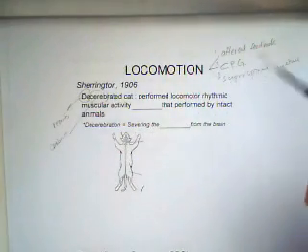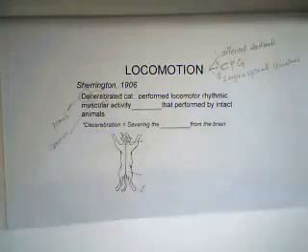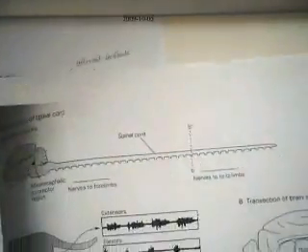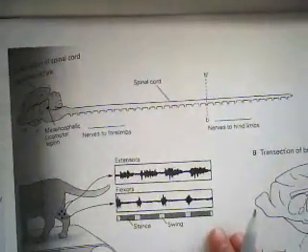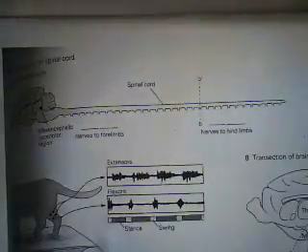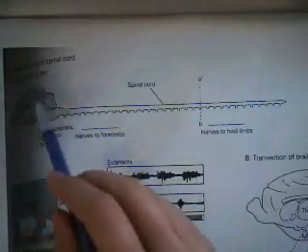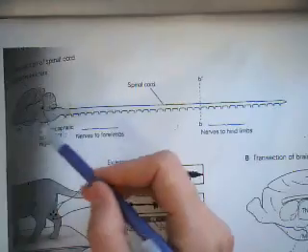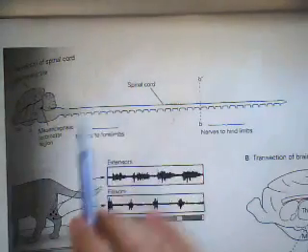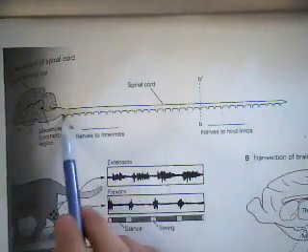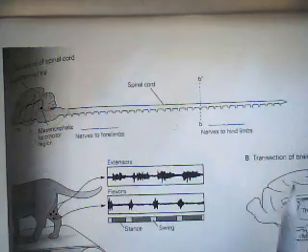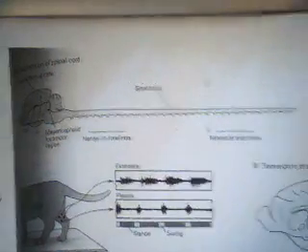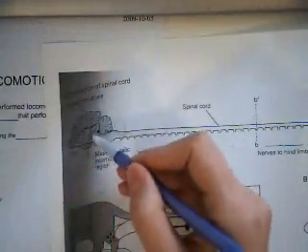I'll just show you this diagram. If we have a cat, this is the cerebrum, midbrain, cerebellum, and this is the spinal cord of the cat. And decerebration occurs in the midbrain.